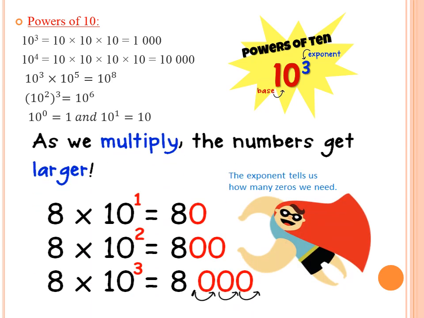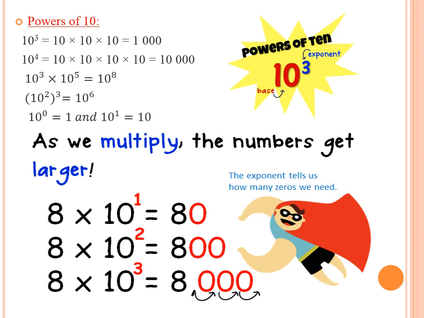We should know that as we multiply, the numbers get larger, and the exponent tells us how many zeros we need to add. Here, 8 times 10 means 10 to the power 1, since there is no power written, so it's 1.